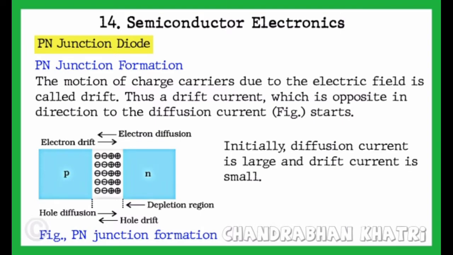Thus, a drift current, which is opposite in direction to the diffusion current, starts, as you can see in this diagram. Initially, diffusion current is large and drift current is small.